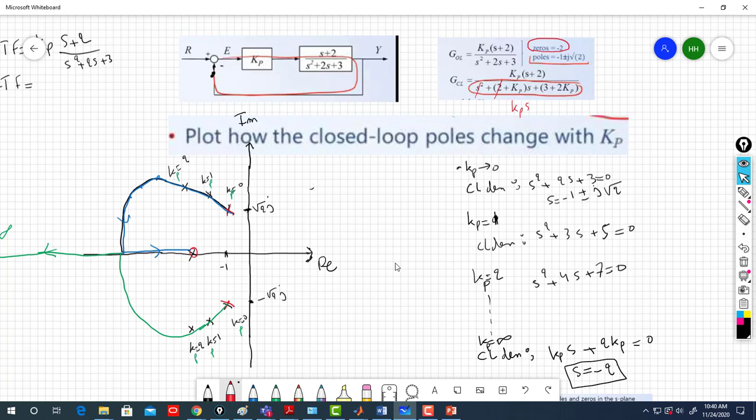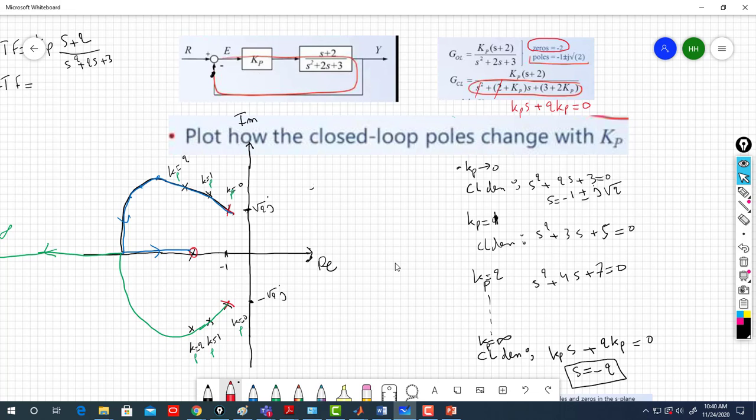Kps is a very big value. Plus, you neglect 3 in front of 2 Kp, because 2 times infinity plus 3 is a big value plus 3, so you neglect the 3. So you keep this denominator. That's my denominator, instead of having S2.